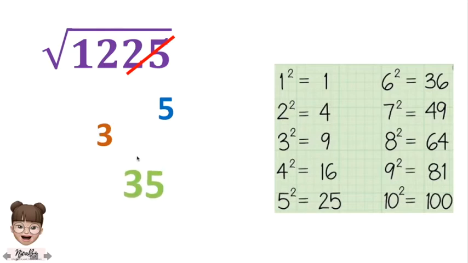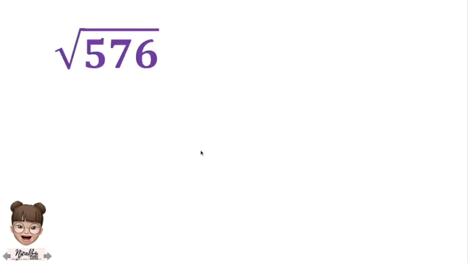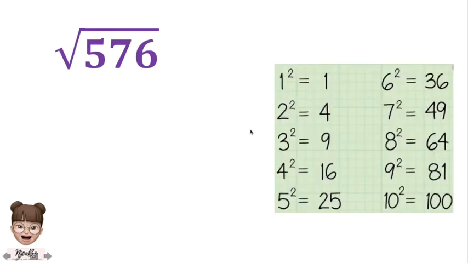Right, let's have our next example. So we have here 576. Now we go back to our list of squares, and we see here that 6 can result from a 4 or a 6. So at this point, we're not yet sure if it's 4 or 6.